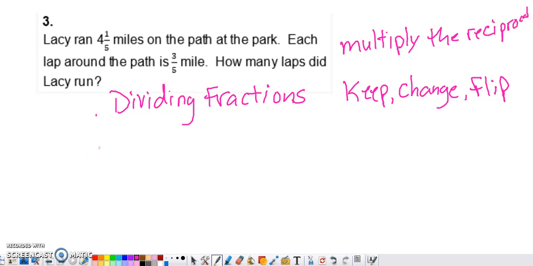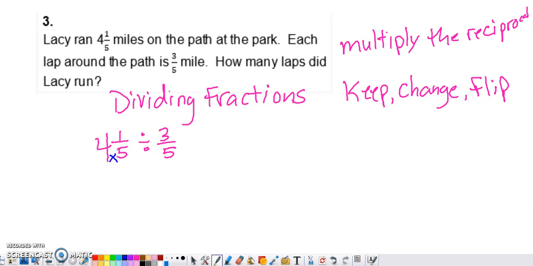Okay, so if I've got 4 1/5 and I'm dividing it by 3/5 because I'm trying to figure out how many 3/5 will fit into 4 1/5, the first thing I have to do is turn this 4 1/5 into an improper fraction.